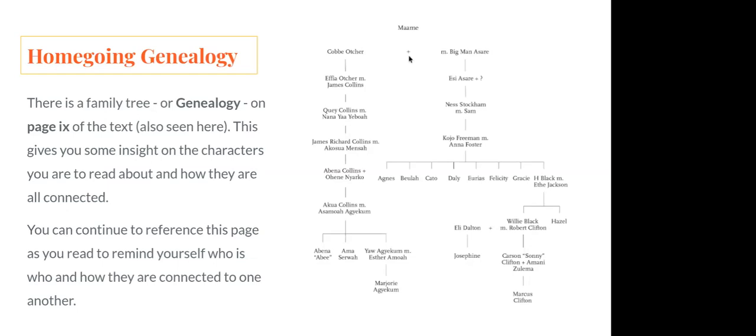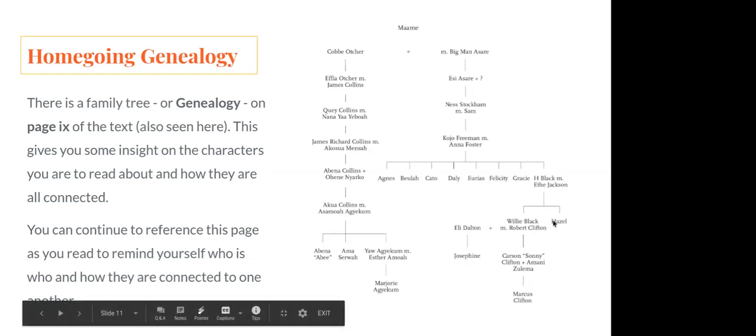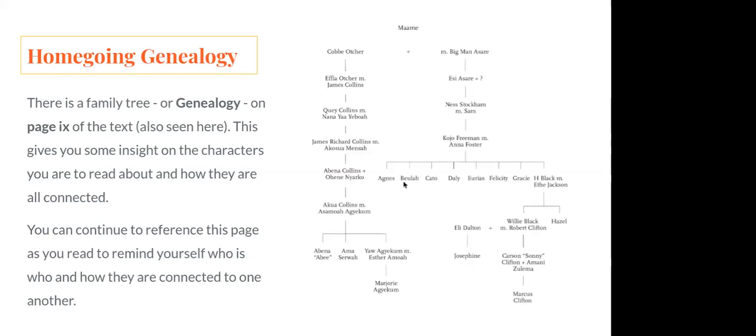It jumps around, with different flashbacks and flash forwards, so it might be hard to keep track. That's why they have this in there. You can see this family tree is laid out much like some of the other ones we just looked at. These are all siblings, and these are each other's children because they're going down that way. And they have the little plus sign here instead of a line, showing that maybe these people got married.